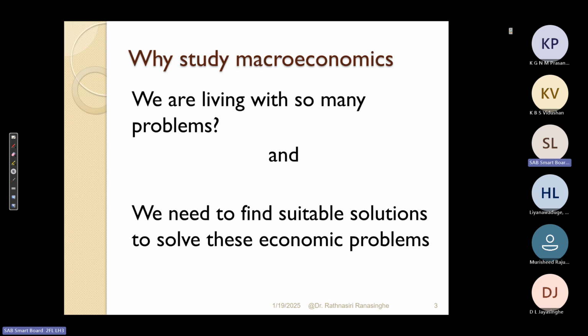So the economy is identified in macroeconomics as a set of variables. In the simple Keynesian model, we identify a set of variables: consumption, investment, savings, money demand, money supply. Those are the set of variables that explain the overall economic behavior.